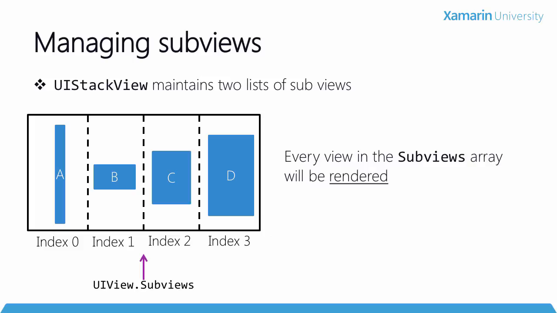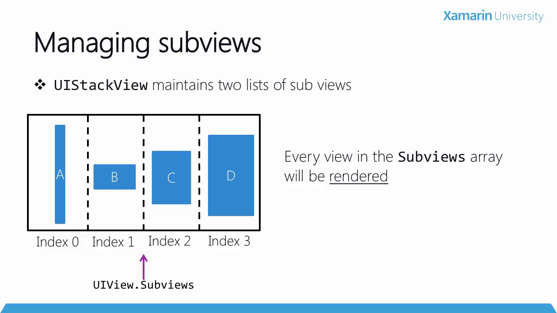Internally, UIStackView maintains two lists of subviews. That's pretty interesting. Let's try to analyze that a bit. The UIStackView is a subclass of UIView. We probably have all used UIView directly before, so we know that every UIView has got a subviews array.